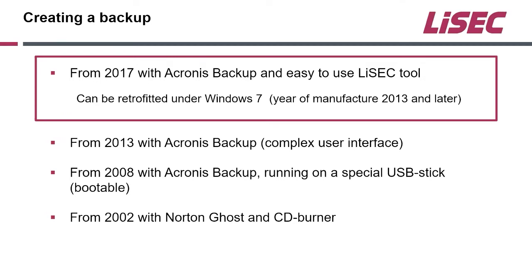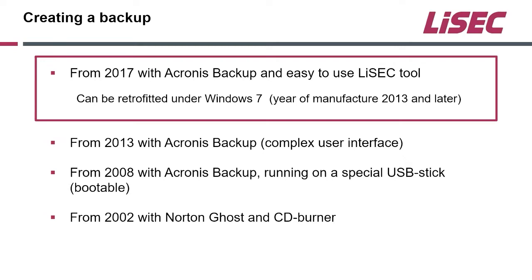But from 2008, we have done this with a special USB stick, which is bootable. So you have to put in the USB stick and boot from it. On this USB stick, you have the Acronis backup running, and you can store the backup on this special USB stick.